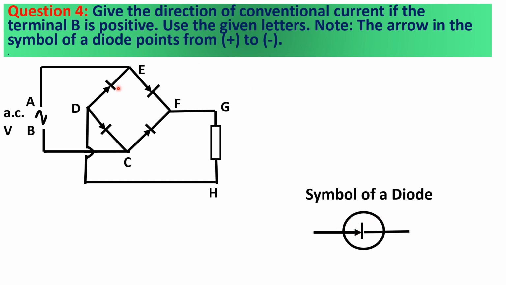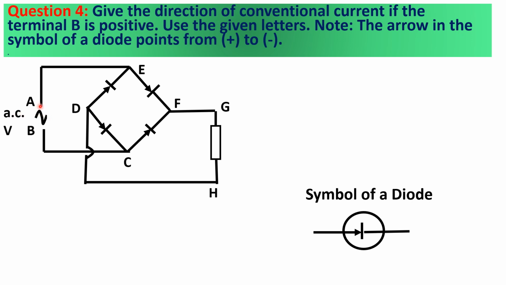So in the circuit, you have here a power source that is an AC voltage or alternating current voltage. That symbol there represents a sinusoidal wave representing alternating current.